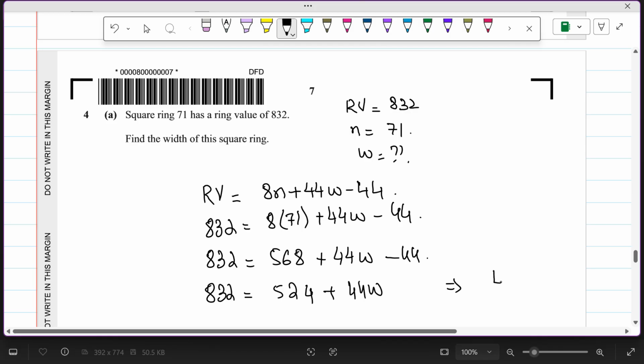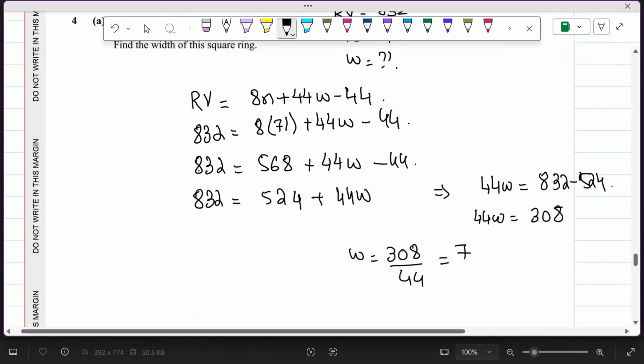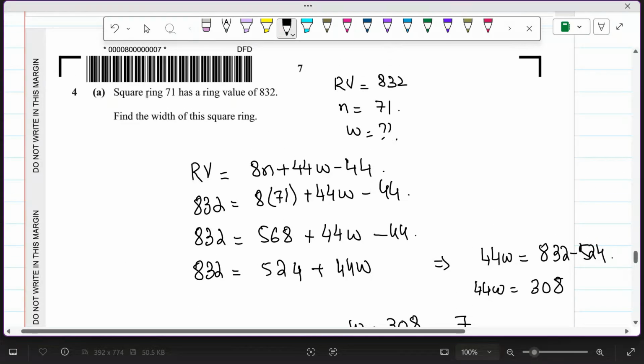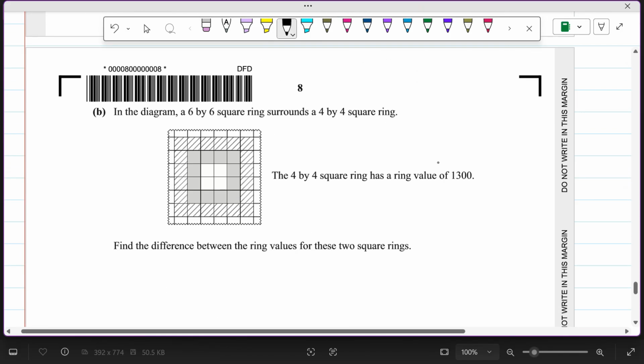So we have 44w equal to 832 minus 524. So we have 44w is equal to 308. So we have width equal to 308 over 44, which is equal to 7. So the 7 by 7 square with the square ring 71 has the ring value of 832. This one is 7.